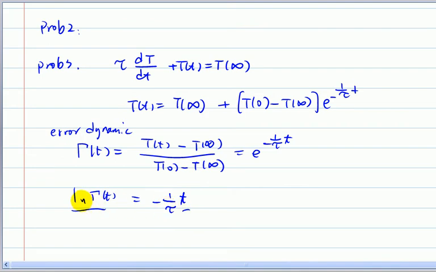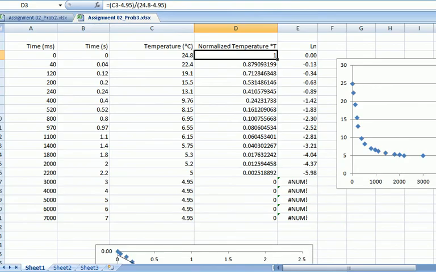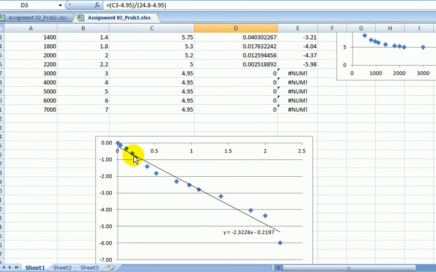So if I can get a plot between log gamma t and t, my tau will be simply equal to negative 1 over that slope m. Here is what we get: you do the plot and a curve fitting, add the trend line, and you get the slope, which equals this guy here. So that's this question.